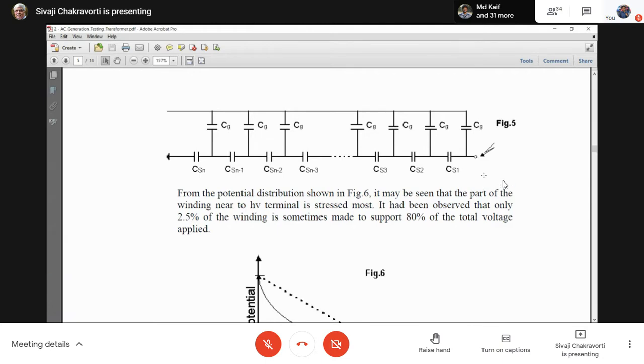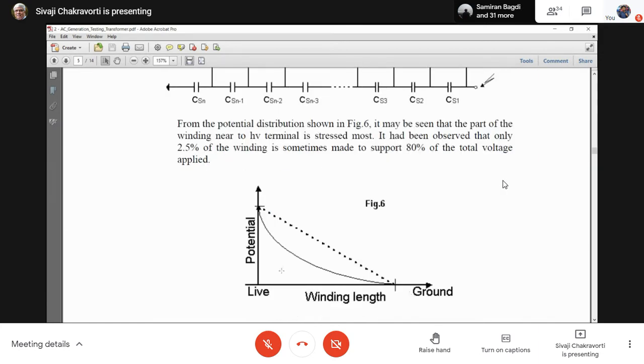Then some more current goes to R through CG. Then I3 flows through CS3, and this I3 is further lower than I2. So the voltage across CS3 will be further lower. In this way, the voltage across CS1 is highest, then gradually it goes down.